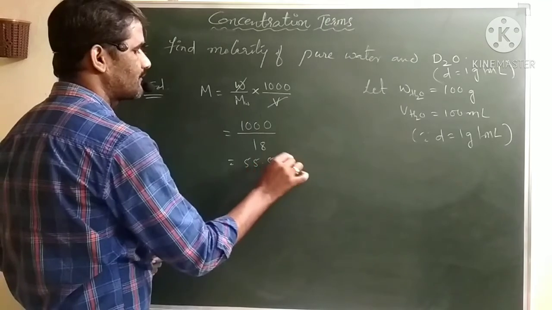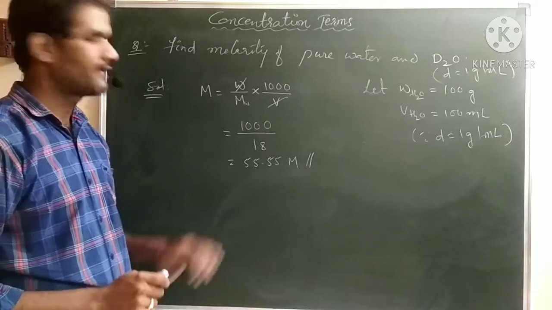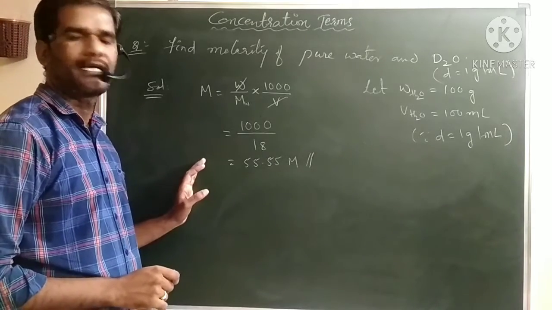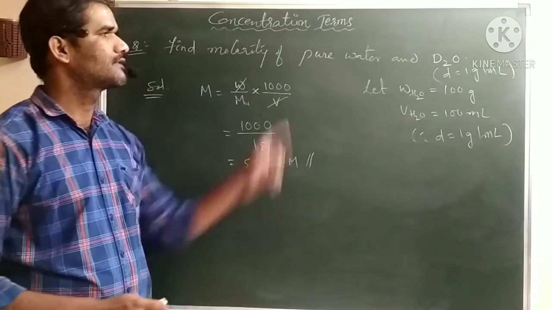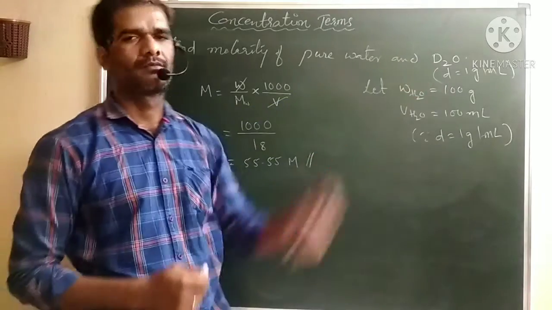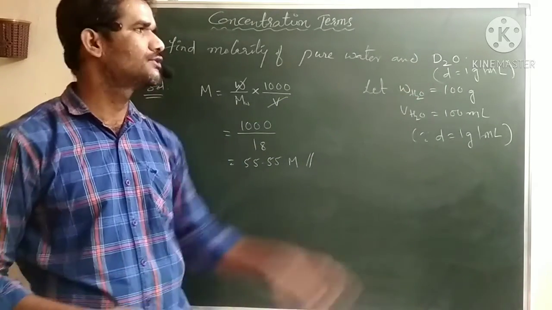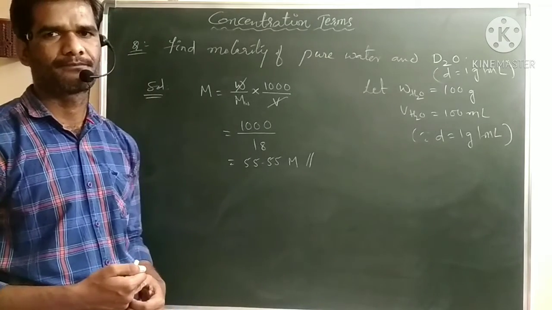55.55 molar. Again, this is very important. Always the pure water molarity is 55.55 molar. This is constant for pure water. Similarly, molarity of D2O. Again, let us assume the density of D2O is 1 gram per ml.